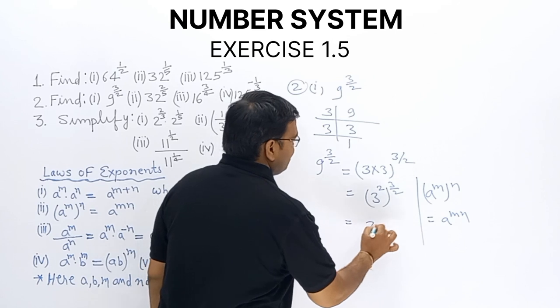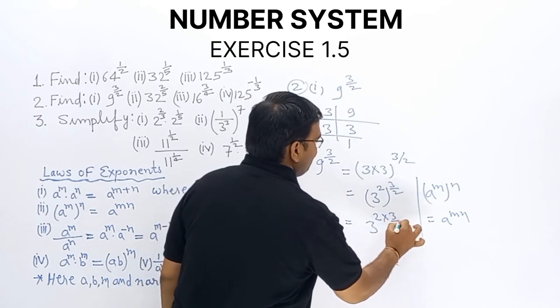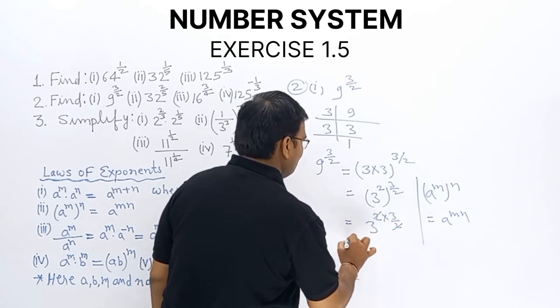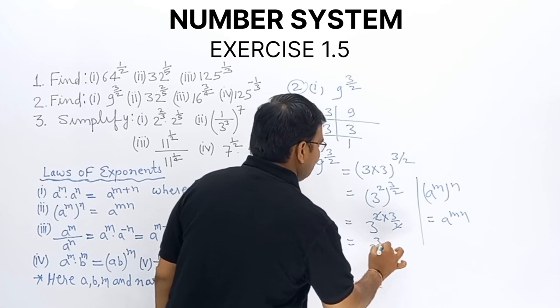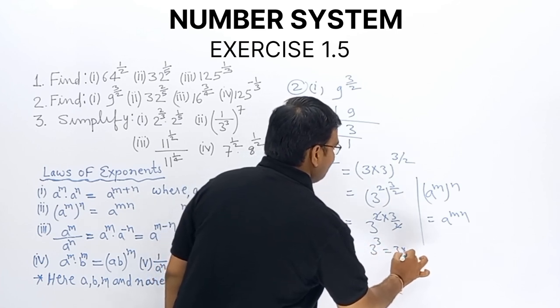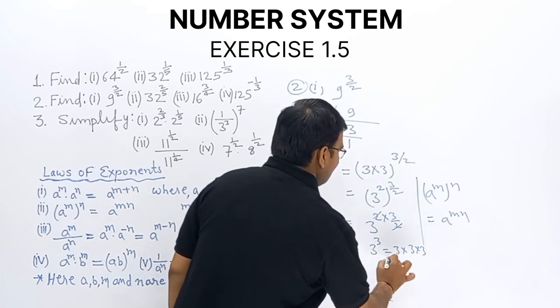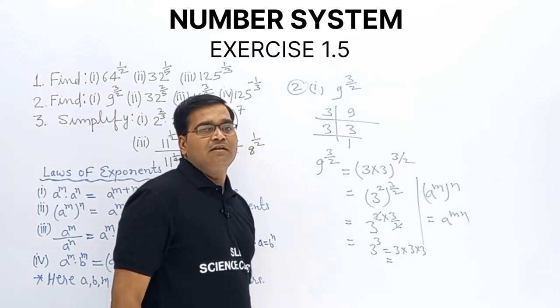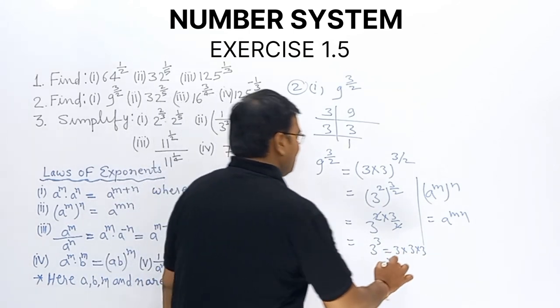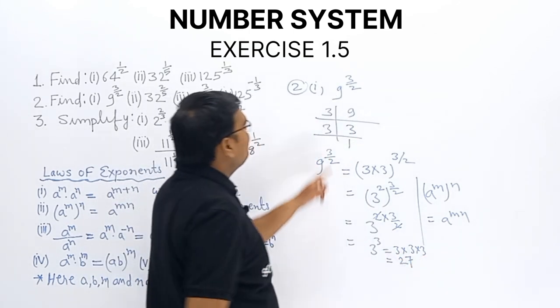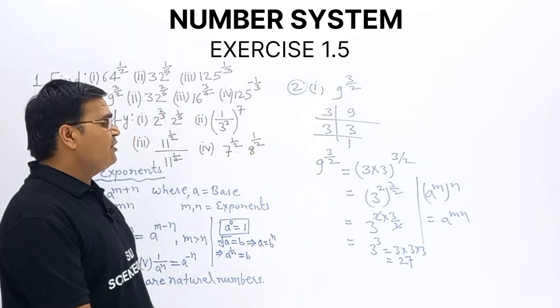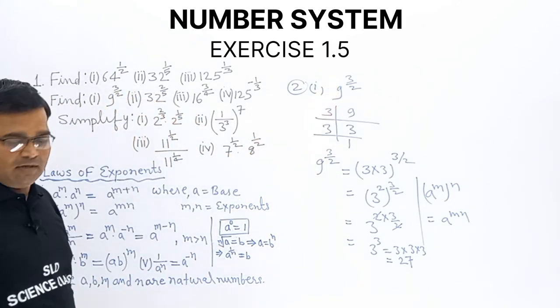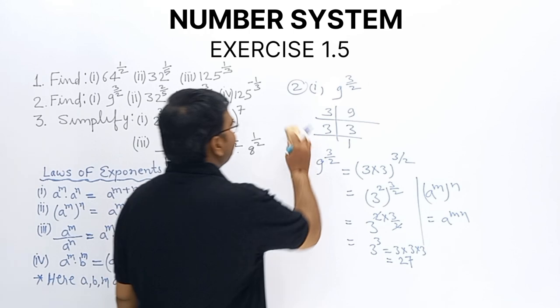So this will be 3 power 2 into 3 by 2. We are cancelling 2 with 2. What is remaining? 3 power 3, and 3 power 3 can be written as 3 into 3 into 3. Now multiply: 3 3s are 9, 9 3s are 27. So the value of 9 power 3 by 2 is what? 27. Now next question.